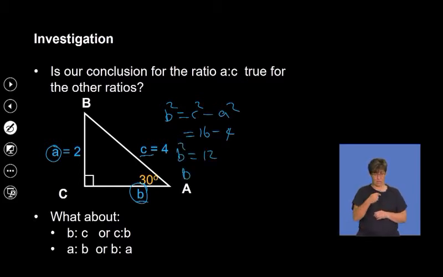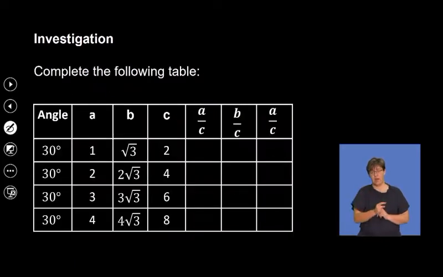So if I want to find just B, it will give me the square root of 12, which is the same as the square root of 4 multiplied by the square root of 3, which is 2 root 3. So what does this mean? Remember, when my side A is 2 and my side C is 4, my B will then be 2 root 3. But I'm sure you are familiar with using the theorem of Pythagoras, because we did it as well at an early age in our schooling career.